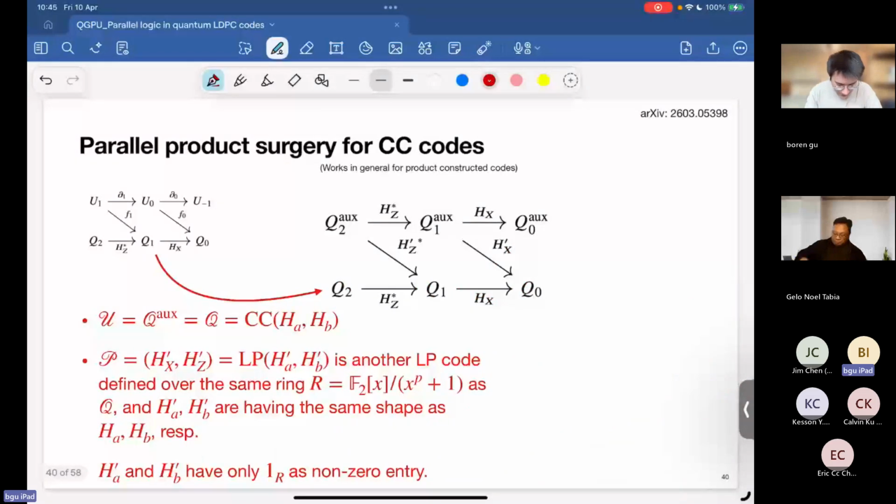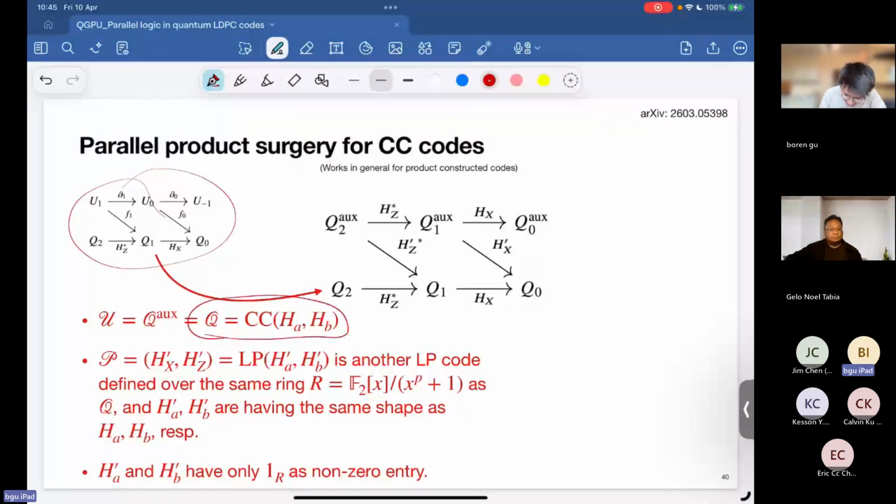Okay, so we just introduced this very general framework, and we now add some constraints on it. First of all, we choose our candidate data code to be a CC code.